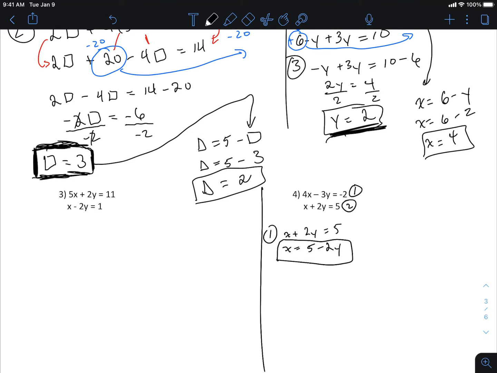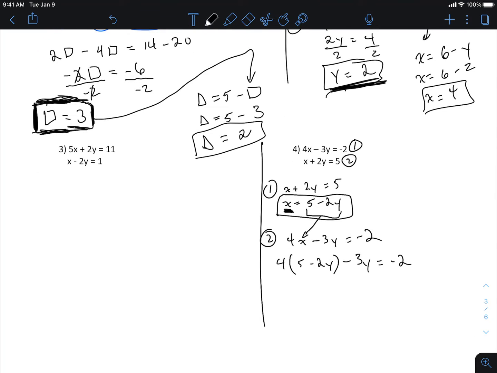So now, step 2, I'm going to rewrite equation 1. It's going to be 4x minus 3y is equal to negative 2. I'm going to take the fact that you just found x is equal to this piece, and I'm going to put it in there. So I'm going to get 4 times that piece, 5 minus 2y, minus 3y has to equal negative 2.